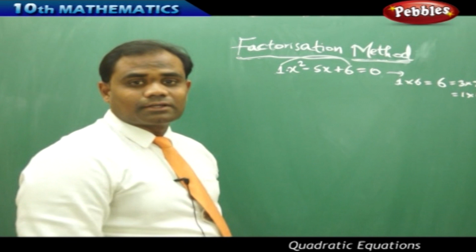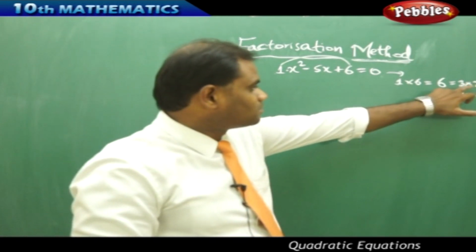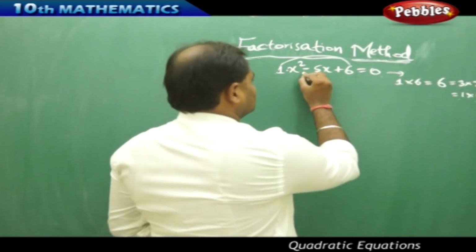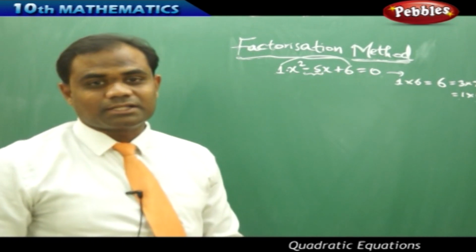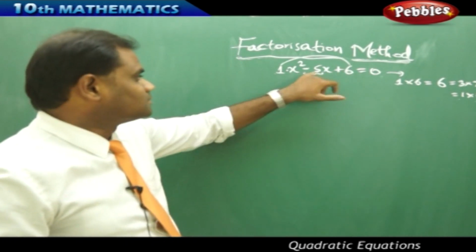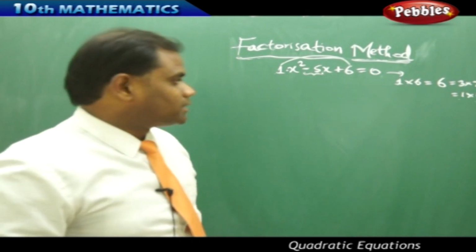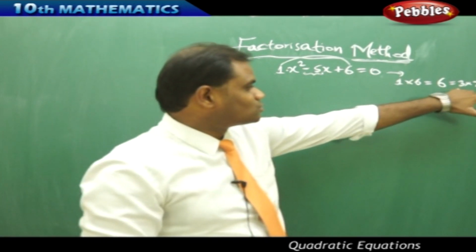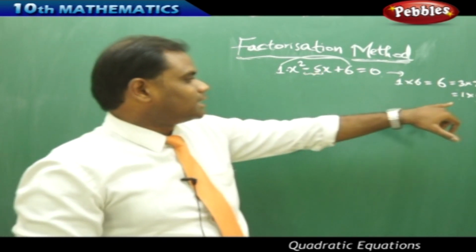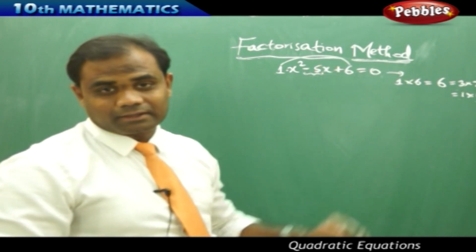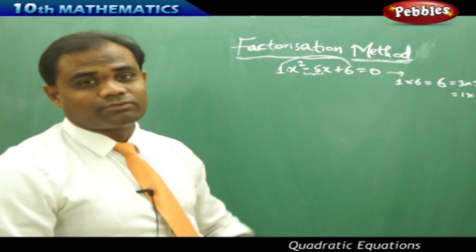And interestingly, when we add or subtract the factors, I must get the middle term, which is b, negative 5. So clearly I see that 3 plus 2 gives me 5, and 6 minus 1 also gives me 5. So this is a case of a tie.